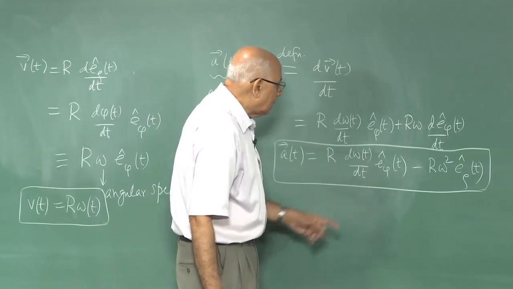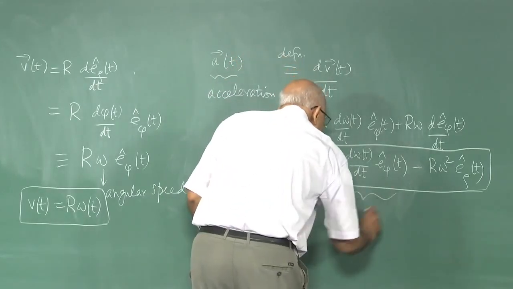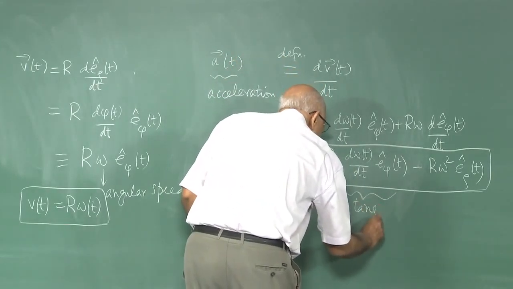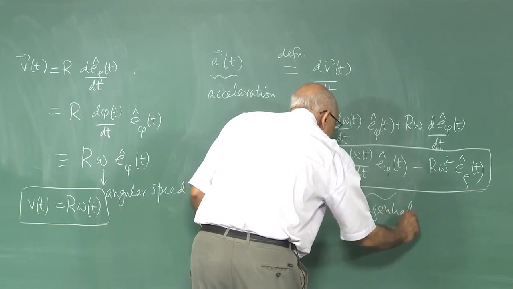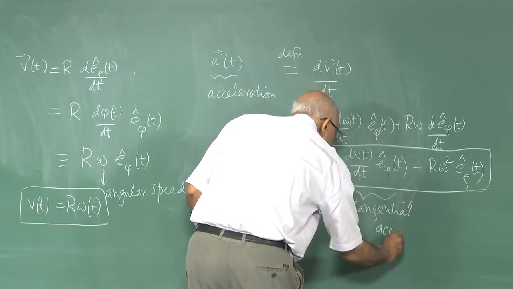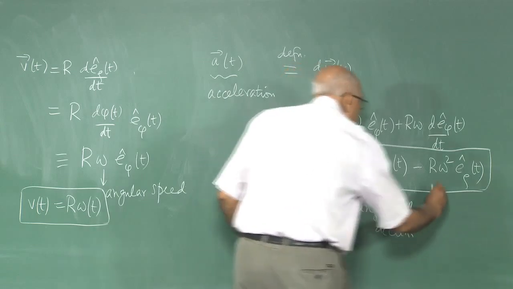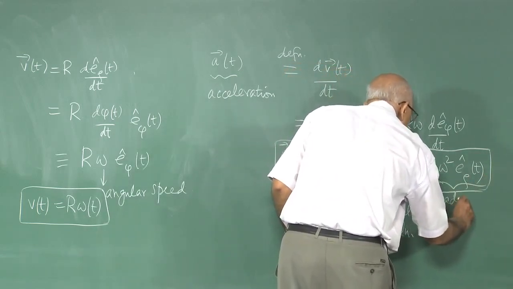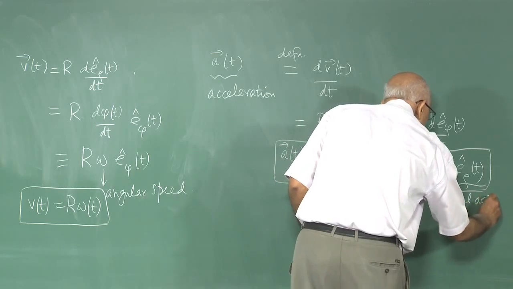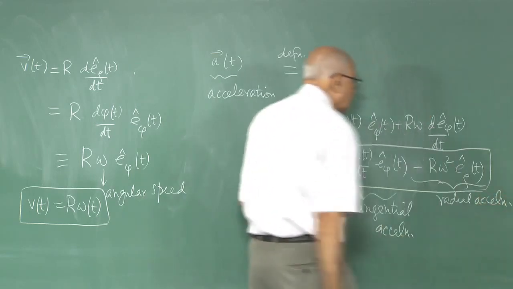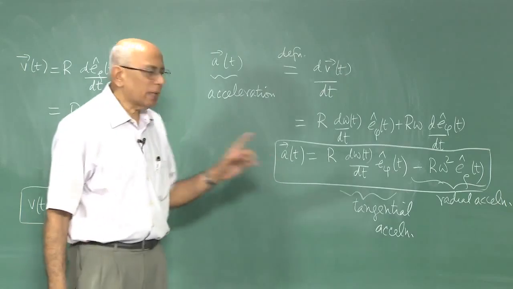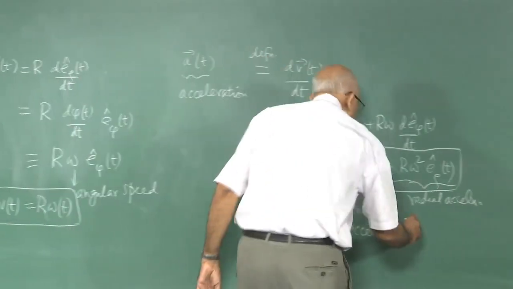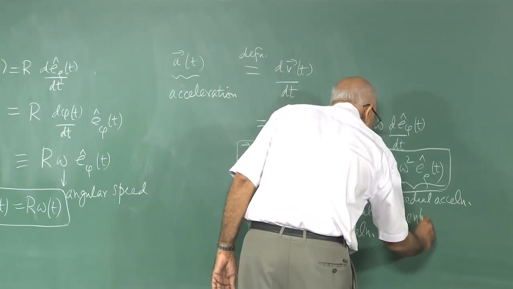So I emphasize again, this portion, if you like, is the tangential acceleration, and this portion with the minus sign is the radial acceleration or the centripetal acceleration. This is also called centripetal because it is towards the center.